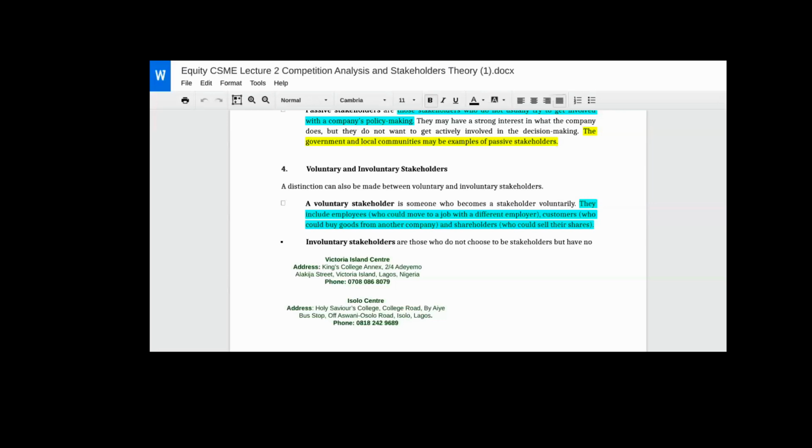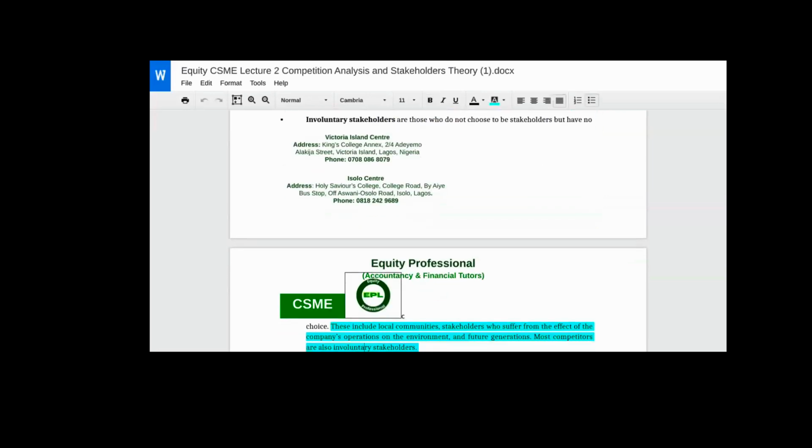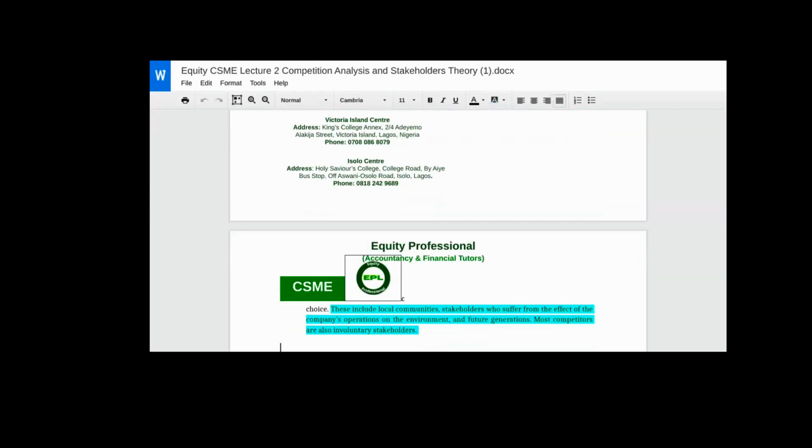But involuntary stakeholders, they choose not to have any relationship with the company. Those are the people that we call involuntary stakeholders. So nobody will force them to join the company, and they can leave anytime. They might not have any interest in the company. But there are some involuntary stakeholders that don't have a choice but to join us, like the host community.